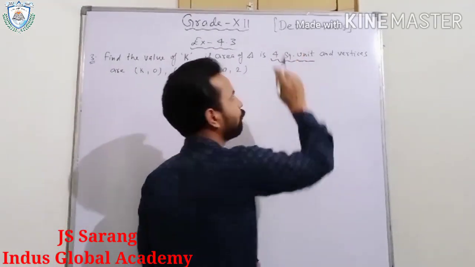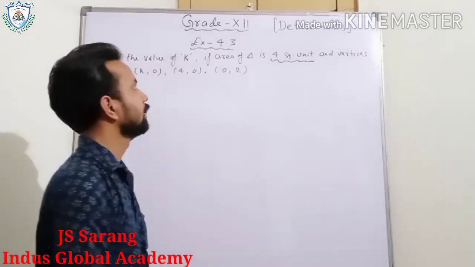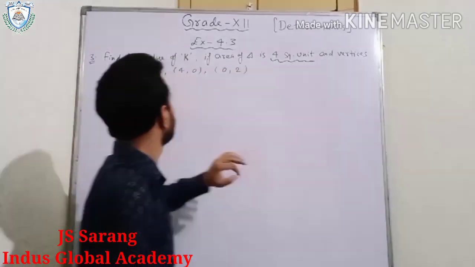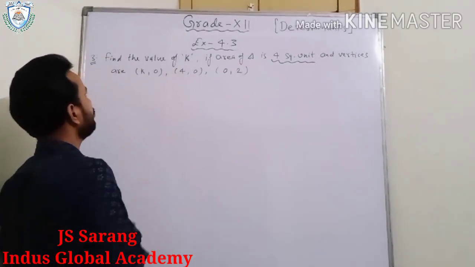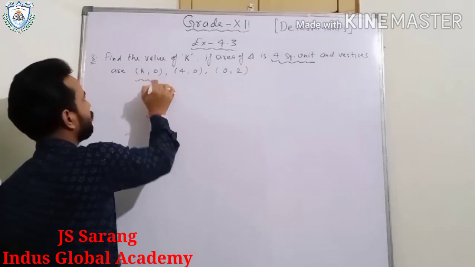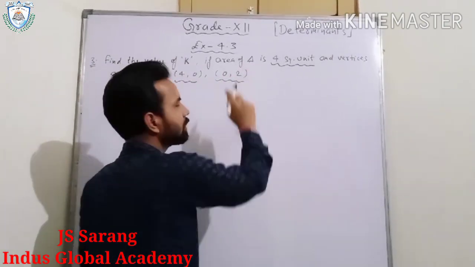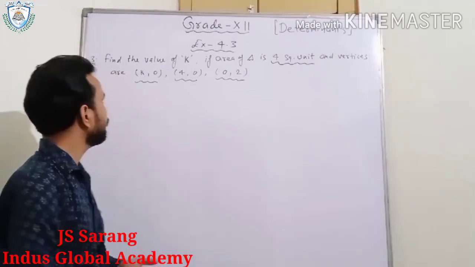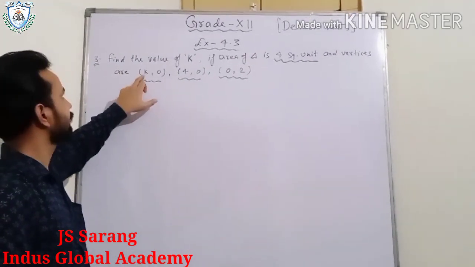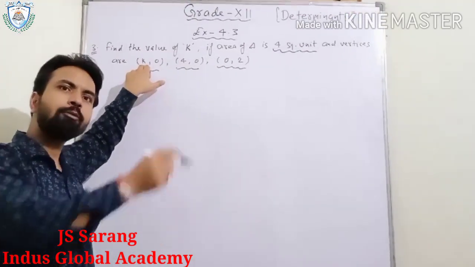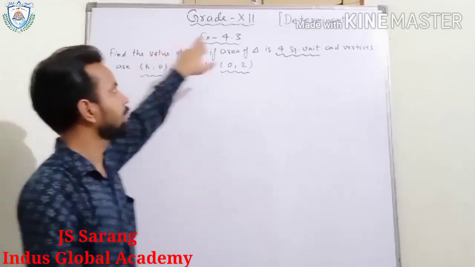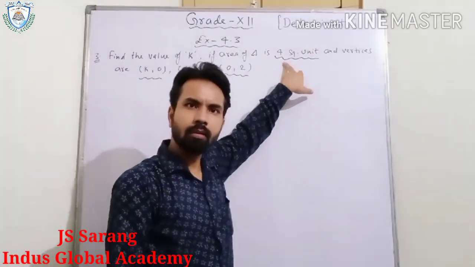How much? 4 square units. And the vertices of the triangle are also given. The first vertex is k, 0, the second vertex is 4, 0, and the third vertex is 0, 2. So in the first vertex there is a variable k. So we have to find the value of this k, and the area of this triangle is also given.